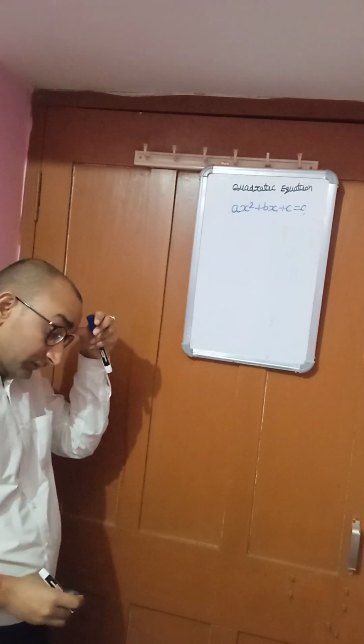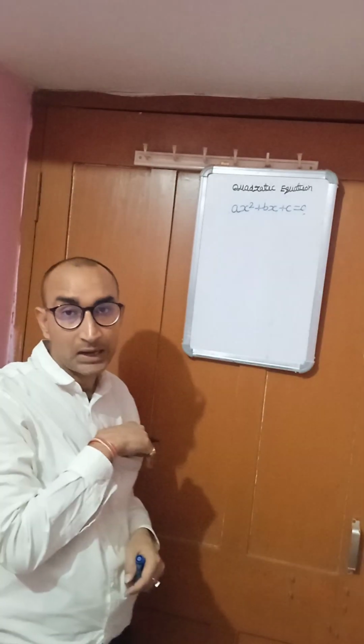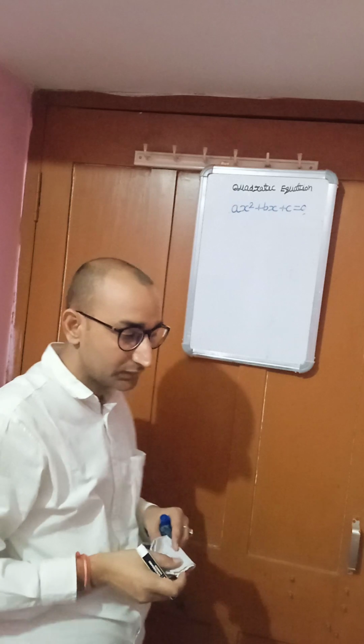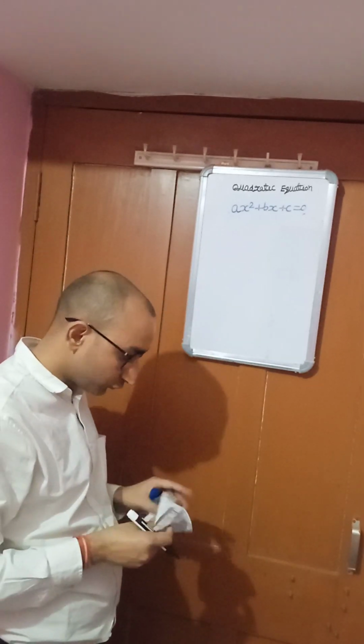So from this I want to draw the graph here. How we can draw the graph of a parabola is very important, because I have explained how to find the sign, so I have to explain this also.